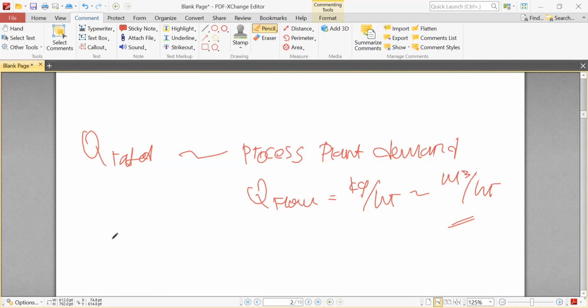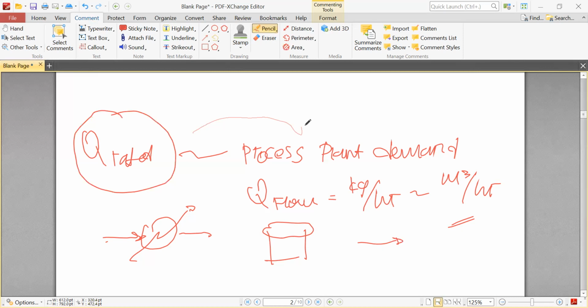Maybe you can use cooling water, or filling the tank, like in my previous example, or a dilution tank or a superheater, etc. It's very important to know that you have to first specify the Q rated of your pump, which will depend on your process plant demand. So it is your process engineering job.